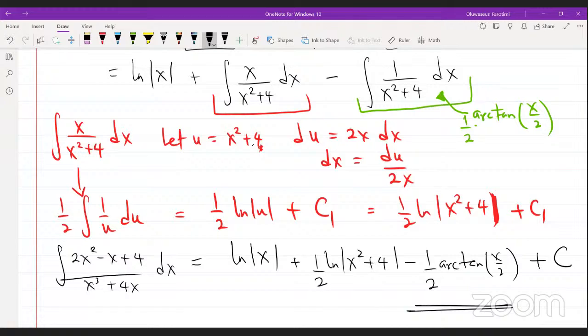And that's how beautiful the process can actually be. Very beautiful process.